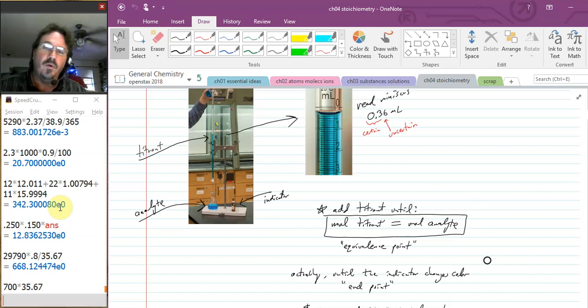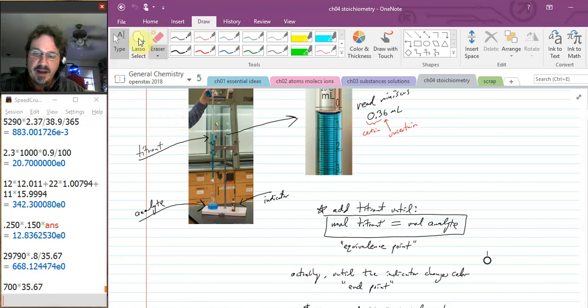Now, that's not always exactly true. Certainly some indicators are better than others. Some indicators have soft endpoints where it's kind of hard to tell, am I there? Is the color changing or not? Other ones are very crisp. So there's a lot that falls back on that indicator. But for the most part, we do the best we can. We choose the indicator, and then we just have to assume that it's showing me the correct equivalence point as well.